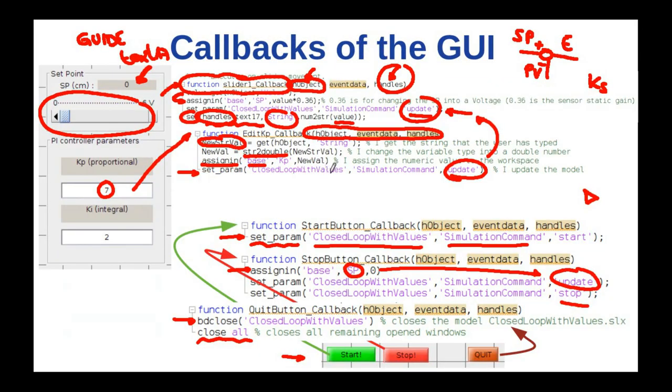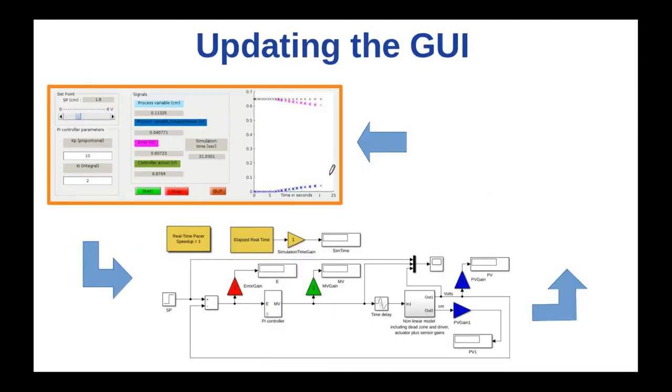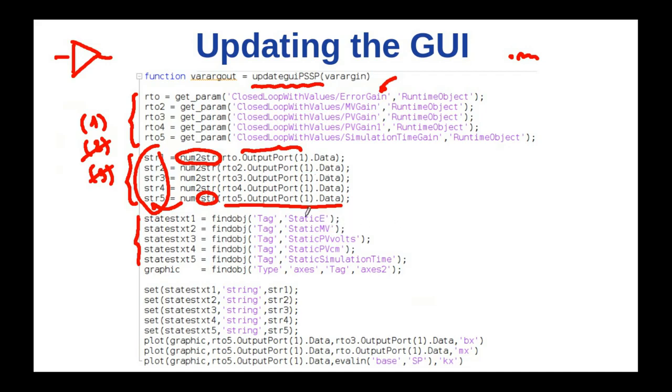So we go back to this slide. So what am I doing here? Here I'm finding all these objects with a tag name called static E, MV, PV volts, and so on, because I want to post this data, translated into strings, into this object. So then I can do a set of which object?